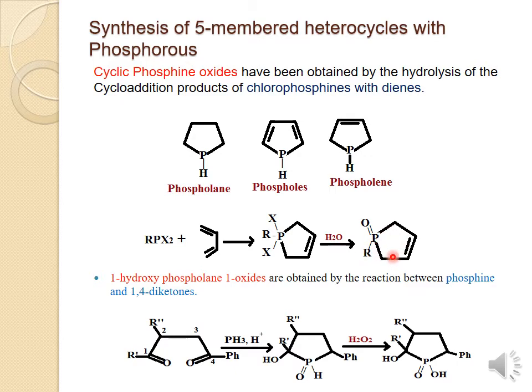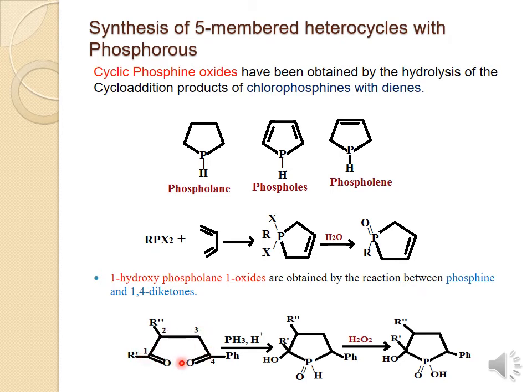resulting in the cyclic phosphine oxides. Then moving on to the second preparation, the 1-hydroxy phospholane 1-oxide, which will be obtained by the reaction between the phosphine and the 1,4-diketones. You know how to number it: 1, 2, 3, 4.